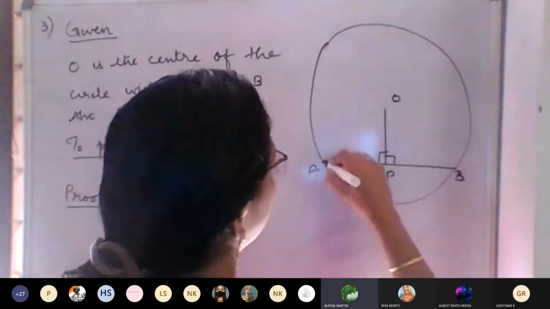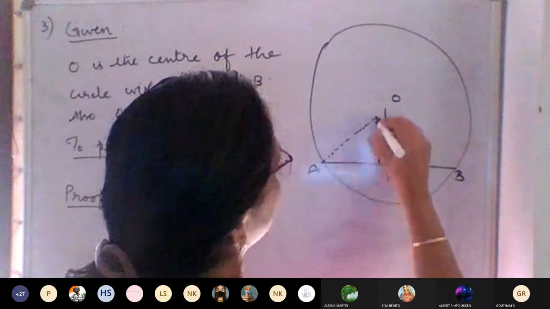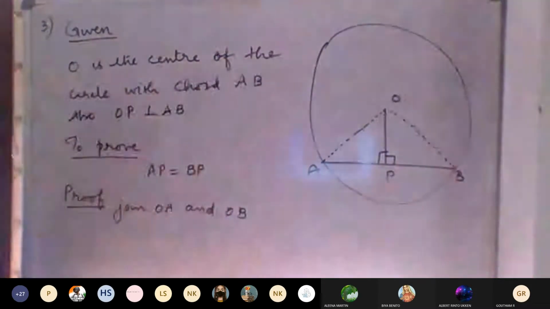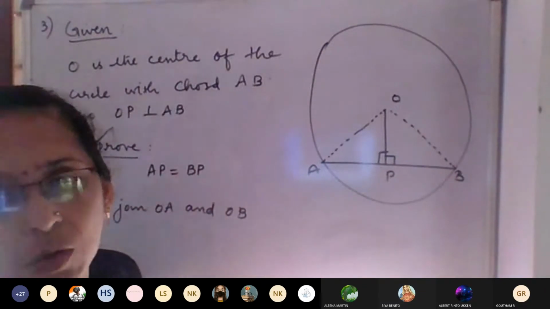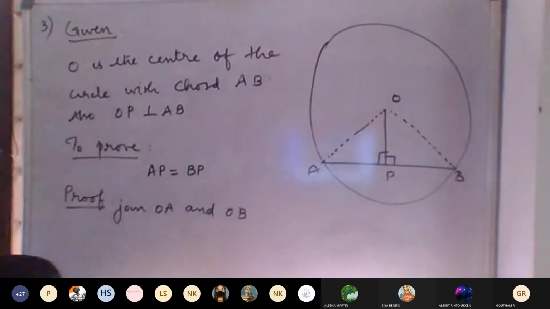So we have to join these lines OA and OB. Join that using dotted lines. Up to this it is clear now? Any doubt in this? Yes, ma'am. All questions you have to do this way. Okay. So given, prove. Then next we have to start.